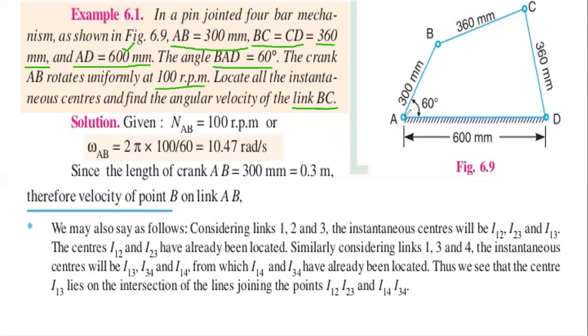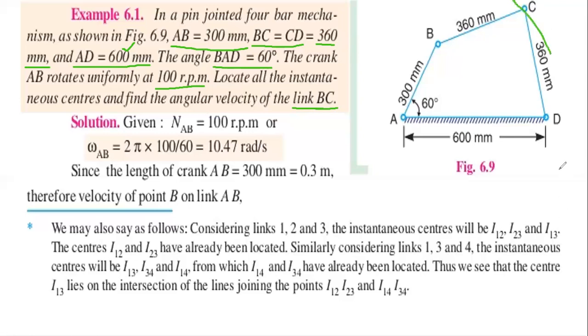So we cut this arc with a compass, that is 300 mm in length. And next we have two lengths, 360 mm of the link BC, and CD is also of the same length, 360 mm. From the point B, take 360 mm in the compass and draw a long arc.